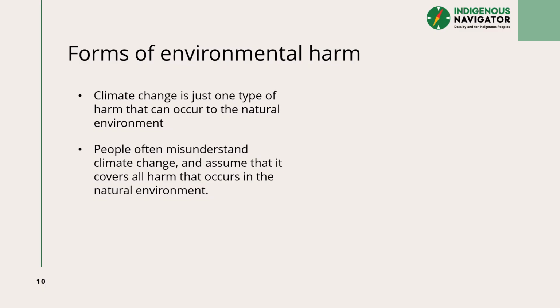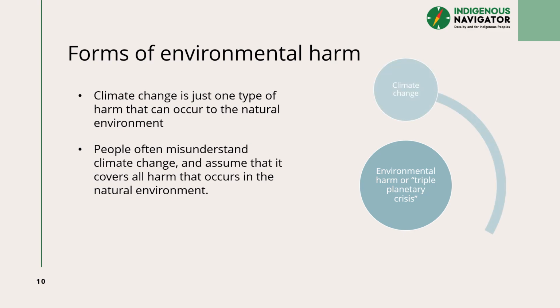To understand the challenges facing the environment today, some people refer to the 3 different elements of the triple planetary crisis. This is also the language that is used by the United Nations. These 3 issues are separate but also closely linked. They can have serious effects on the environment in different ways. Climate change is just one part of this.